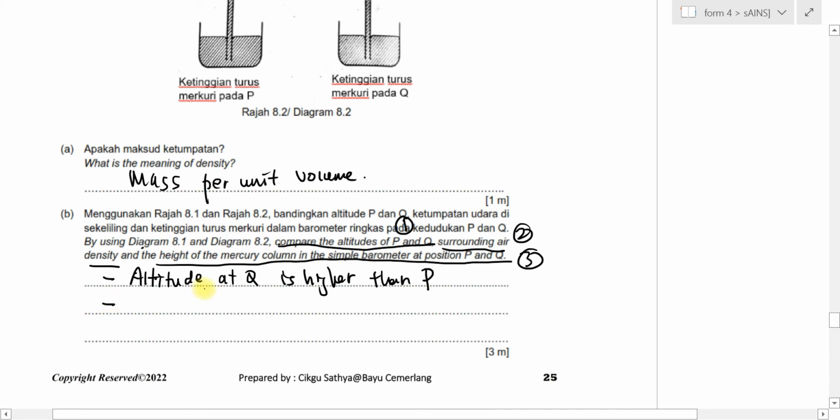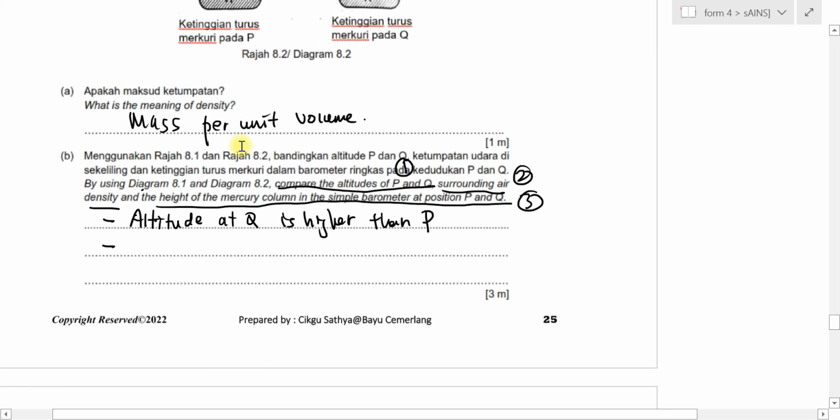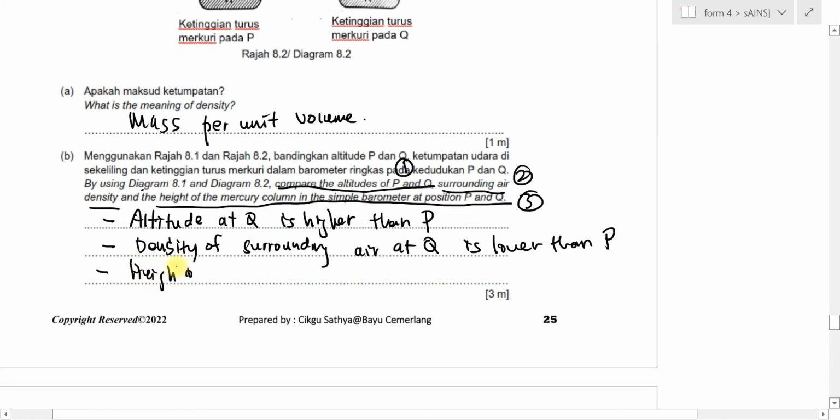And then air density. Here the air is less, here the air is more. So the density near P is more. Q is lesser, but you can write lower. So the density of surrounding air at Q is lower than P. And then the height of the mercury column.